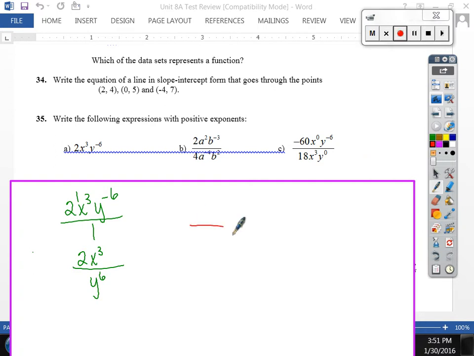Okay, so right here, 2 over 4 reduces to 1/2. A squared over a to the 1 is a to the 1. B cubed over b squared is b to the negative 1. Now I need to get rid of my negatives. My 1/2 stays where it is. A to the 1 stays where it is, and I don't technically... oh, is that a 4? That's a 4.